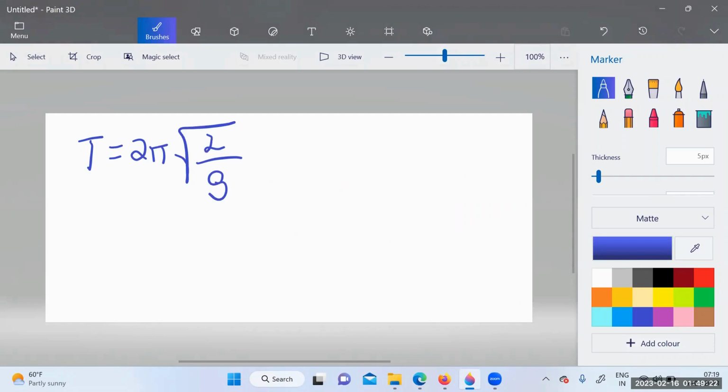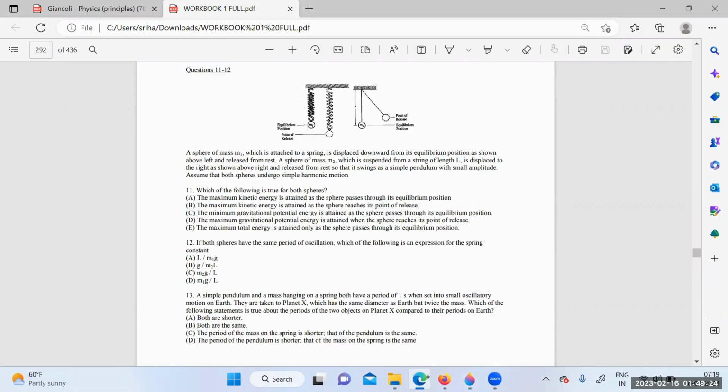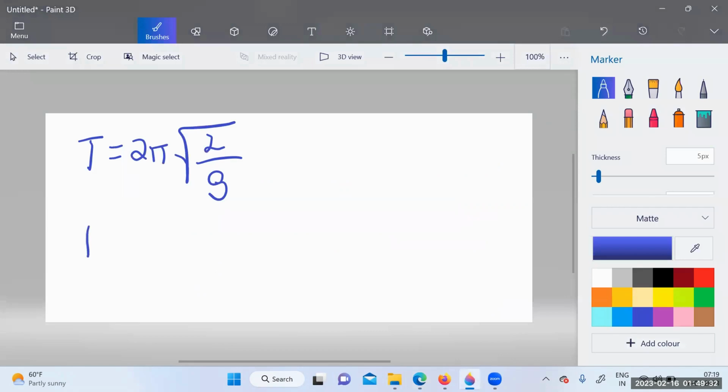Then in the second case, what they have given is a sphere of mass connected to a spring. In that, the time period would be 2 pi into square root of m1 by k, correct?